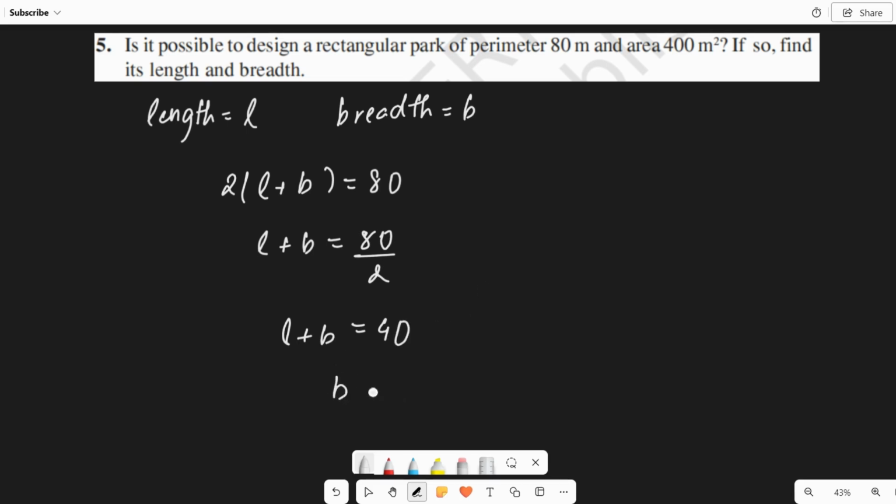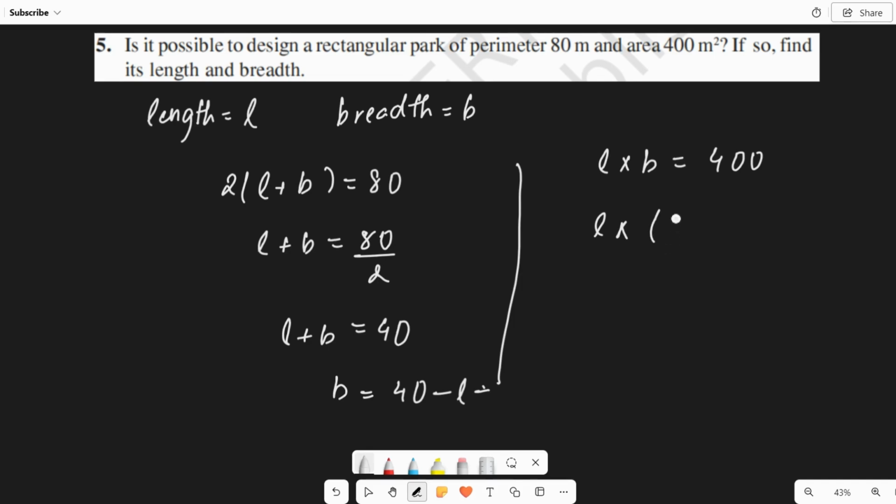So from here we can also write that breadth is equal to 40 minus length, and we also know that area is equal to 400 meters square, that is L into B will be equal to 400. So substituting B from here, we get L into 40 minus L is equal to 400, that is 40L minus L square becomes 400.